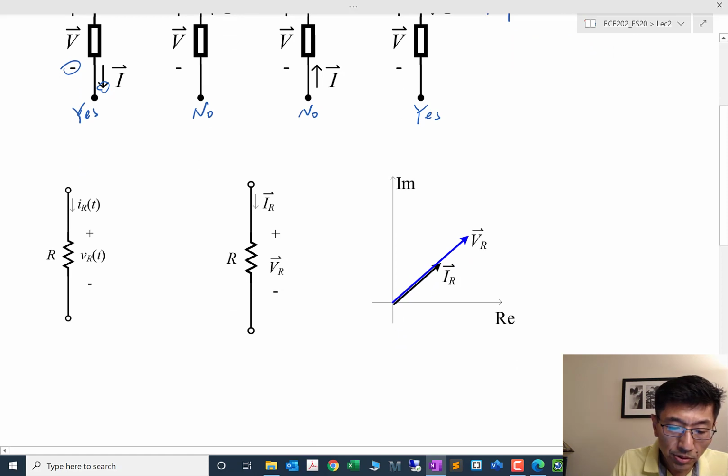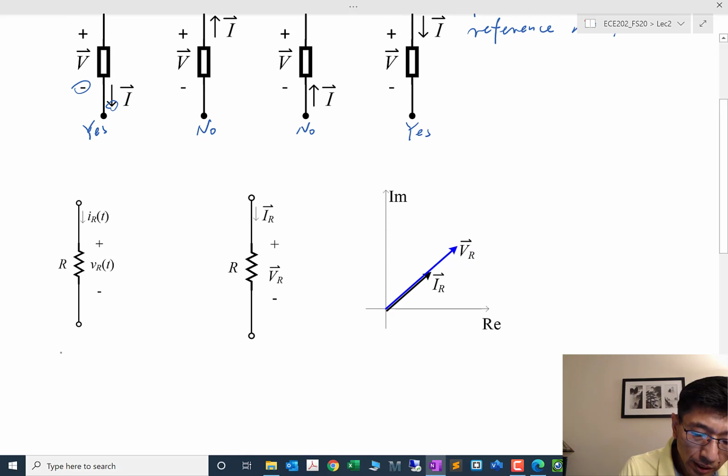So if we have the resistance in time domain, I have the voltage across the resistance and the current through the resistance. Now this definitely follows the passive sign convention because the arrow points into the plus sign of the voltage reference marks.